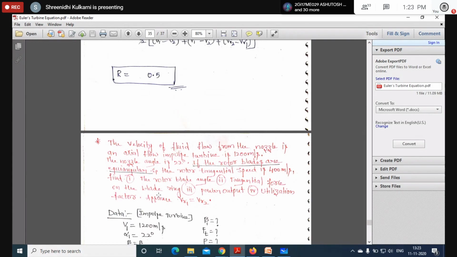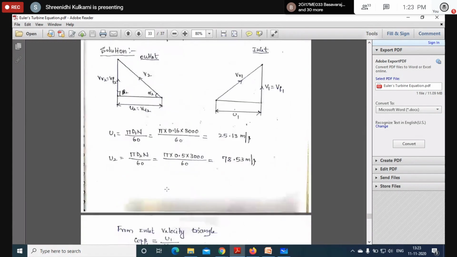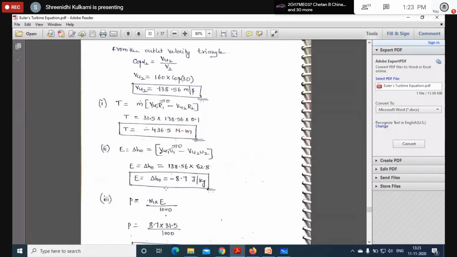Excuse me, sir. In the previous problem, the second answer for delta H naught: if we multiply 138.56 into 62.8, we get 8701.56. Sir, you have written 8.7 joule per kg.